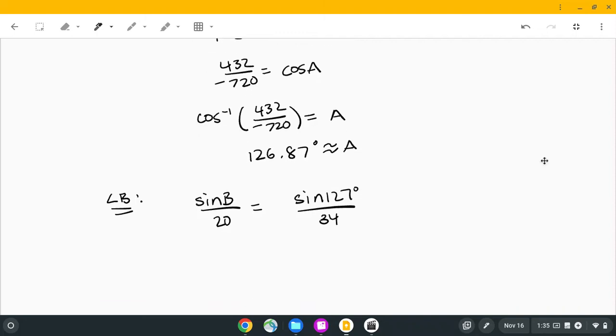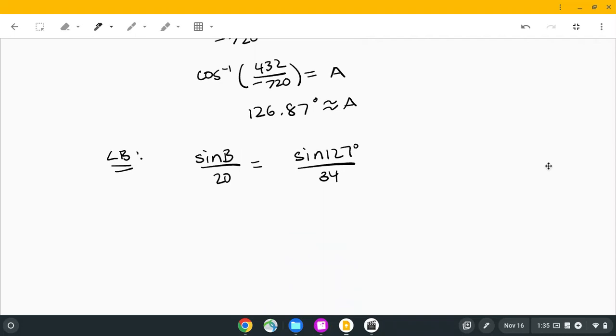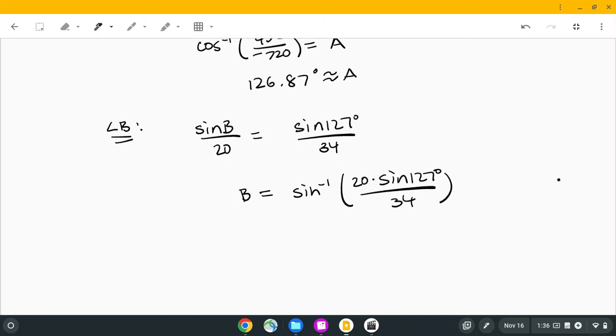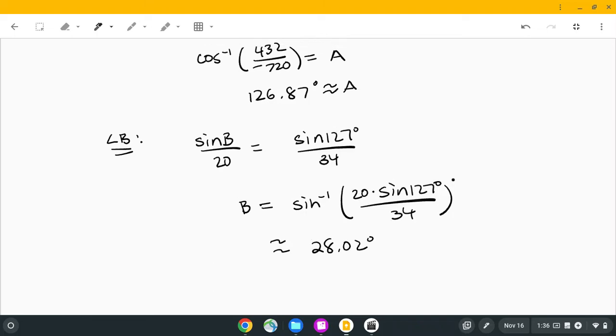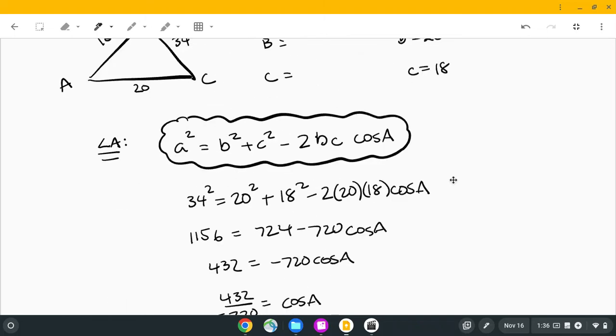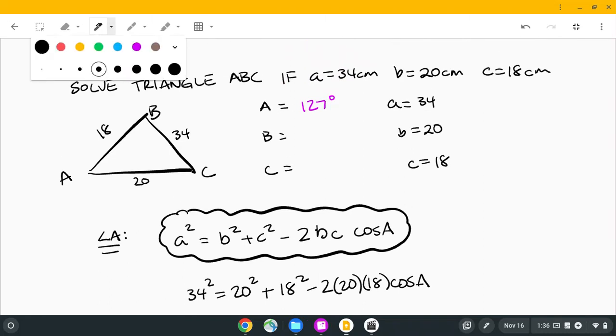Okay, and then solving for B, B equals sine inverse of 20 times sine 127 all over 34. Okay, and if you punch that into your calculator, you get approximately 28.02 degrees. So we're going to go with 28 degrees for angle B.